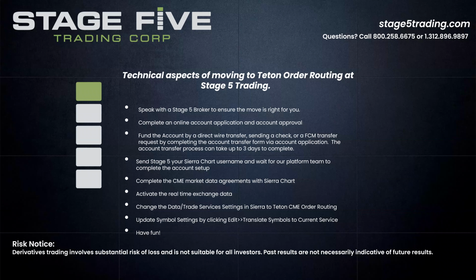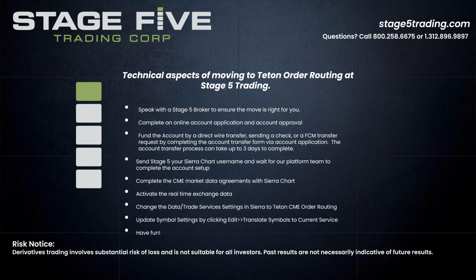Let us get a broker that we think is best suited for your background and your needs. Talk to them and make sure that not only moving to Stage 5 and that broker is right for you, but also moving to Teton, which I think you'll be happy with. But just feel comfortable. Don't do anything unless you're fully comfortable and confident.